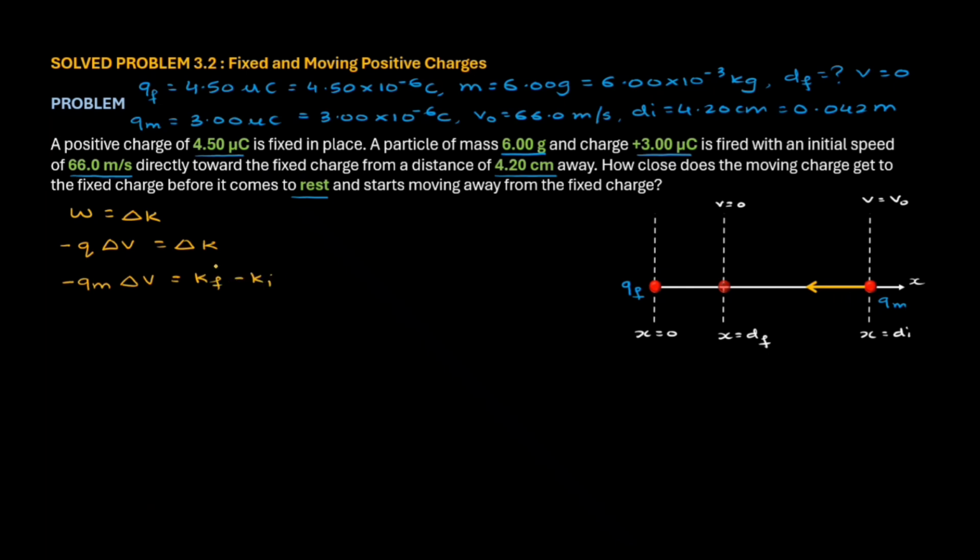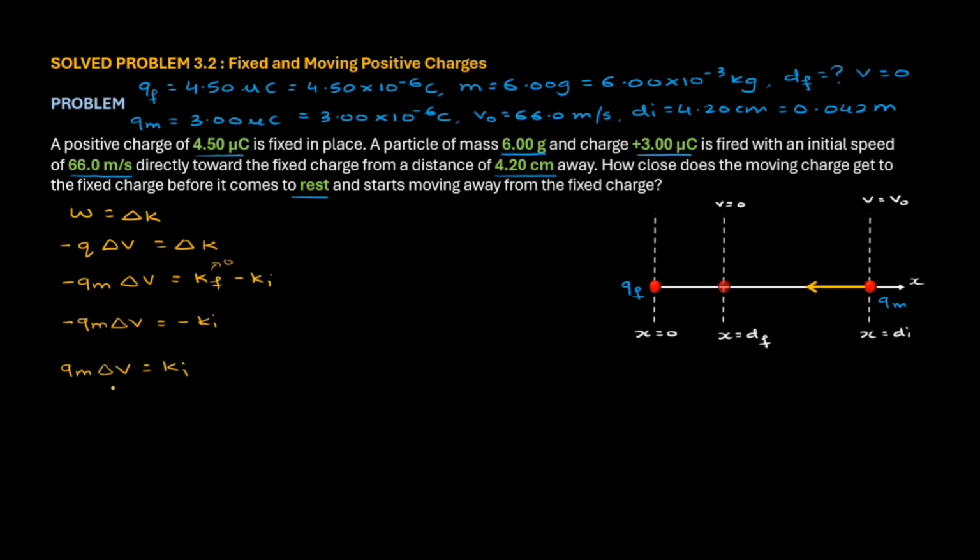K final will be equal to 0 as my final velocity of the moving charge is 0. So that means this term becomes 0, and you get negative Qm delta V equal to negative K initial. Cancel off the negative sign and you get Qm delta V equals K initial.